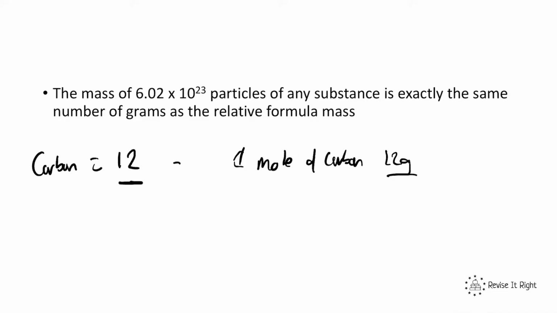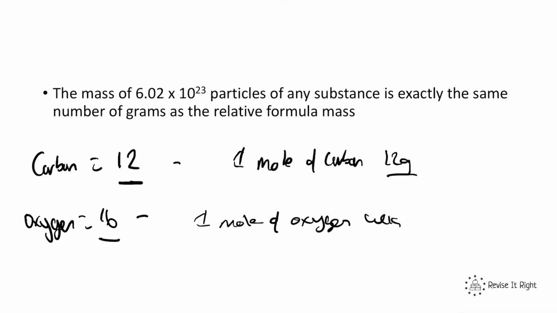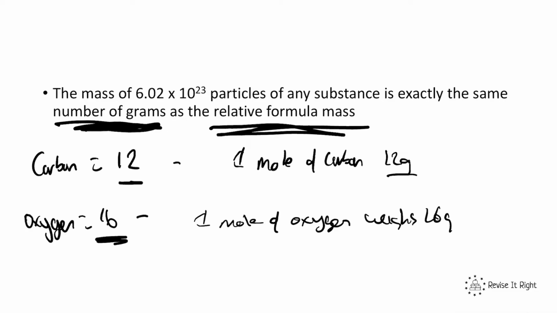So let's do oxygen. Oxygen has the relative mass of 16. That means that 1 mole of oxygen actually weighs 16 grams. So you can see here that the relative formula mass of a substance is exactly the same as the number of grams of 1 mole of the substance, and that's why the number's so clever, really.